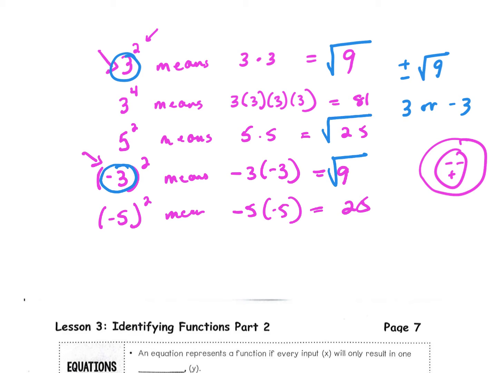The square root of 25 would be 5, or it could also be negative 5. So if I wrote the positive and negative version, I would get 5 or negative 5. And that's going to have significance now for our lesson. So let's move on to our lesson.